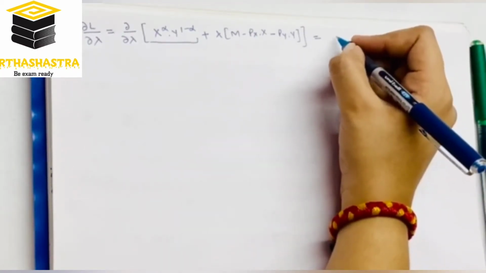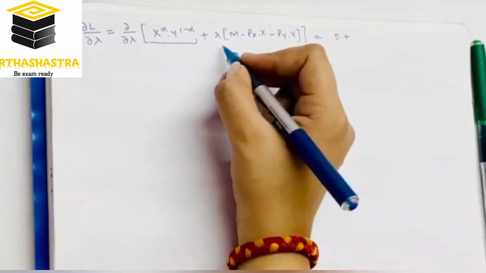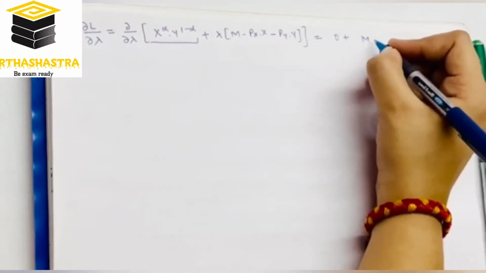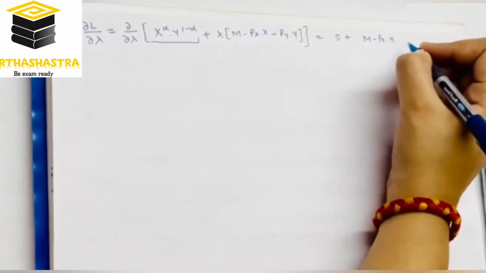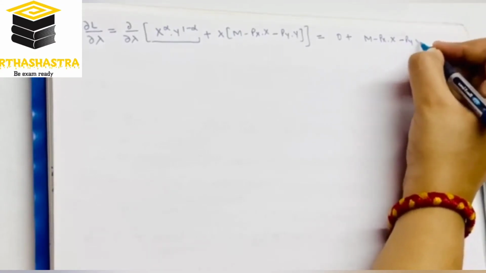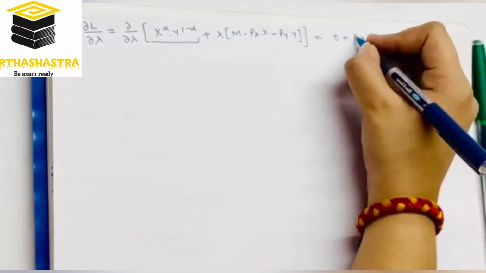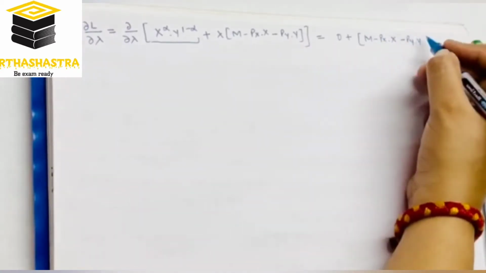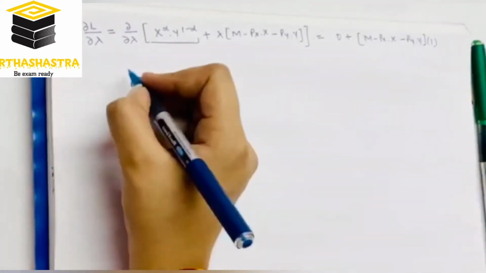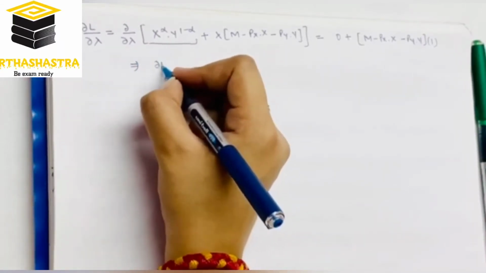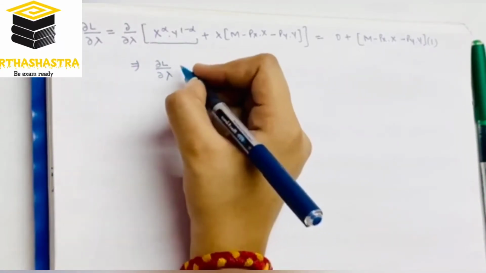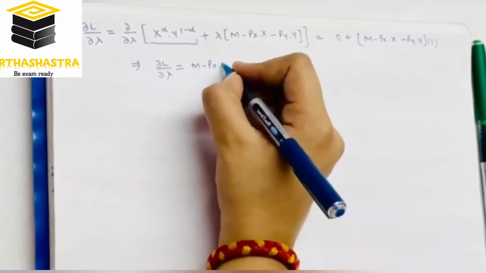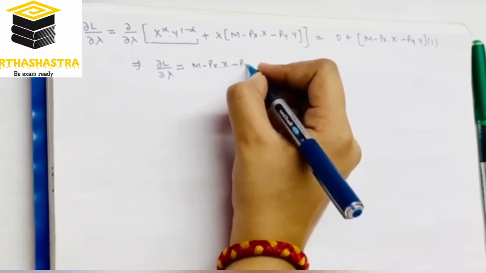So we write 0 plus, and since the remaining term is in multiplication, the other factor is treated as a constant, so we write it as it is: m minus px times x minus py times y, and the derivative of lambda with respect to lambda is 1. So we get del L by del lambda equals m minus px times x minus py times y.